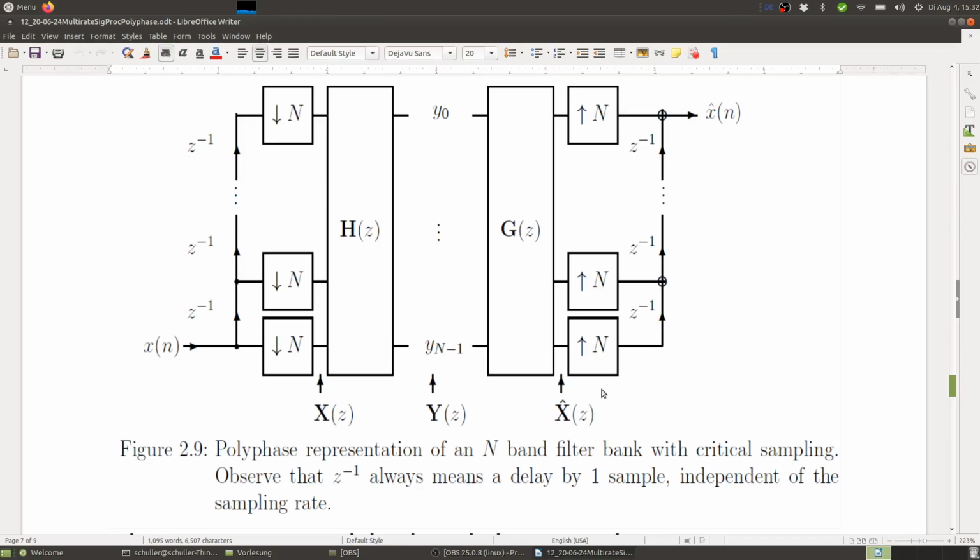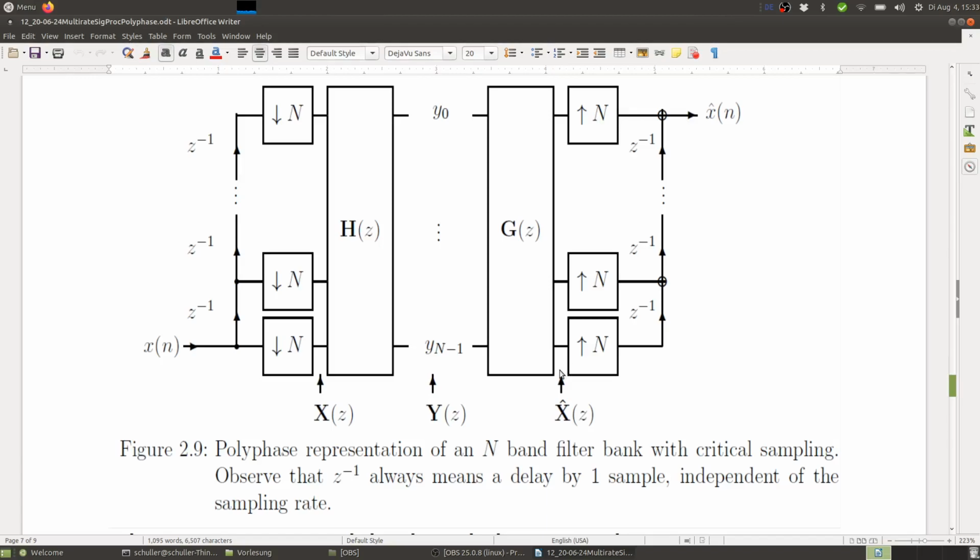Similar after the synthesis, which produces the reconstructed signal x hat of z, again a sequence of blocks. And then we turn the sequence of blocks into a contiguous sequence of audio samples, like the program Polyphase to X, which I showed last time.